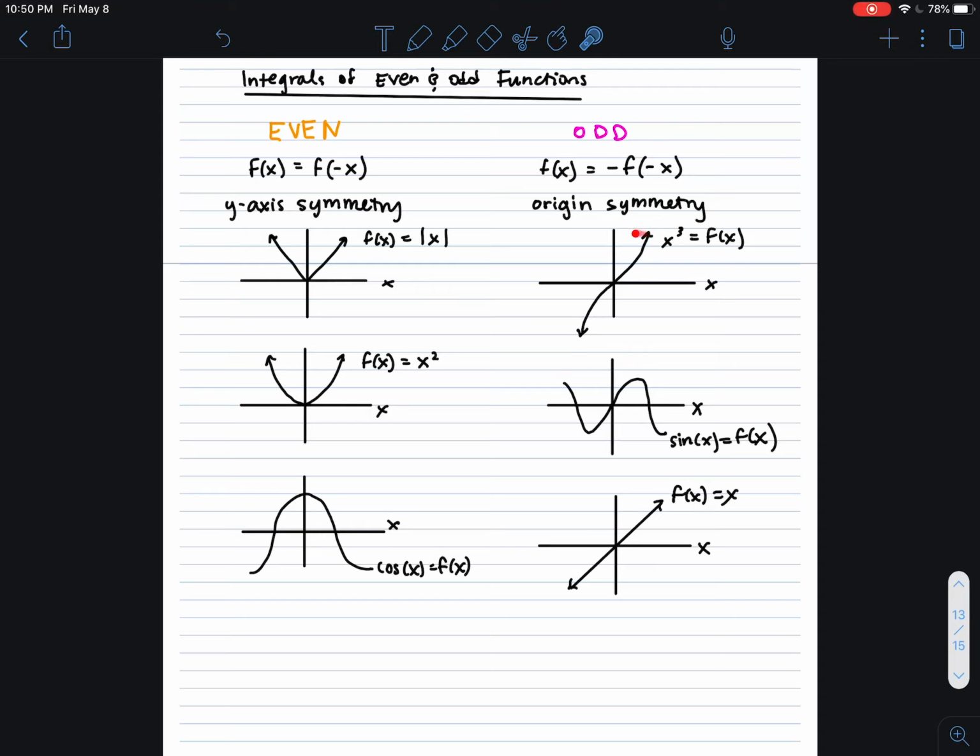So if we look here, this is being flipped over the origin. This is just this flipped over the origin, right? So our line of symmetry would be like this, but it's kind of like flipped through that. So it's not exactly symmetry across that line, it's origin symmetry. It's like a symmetry across that line and then flipped upside down.